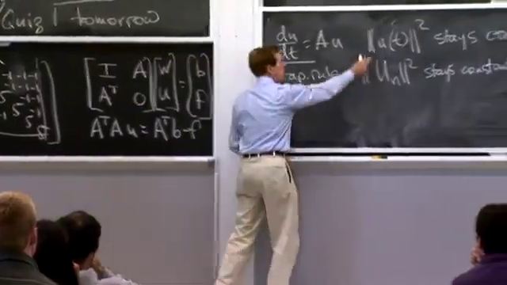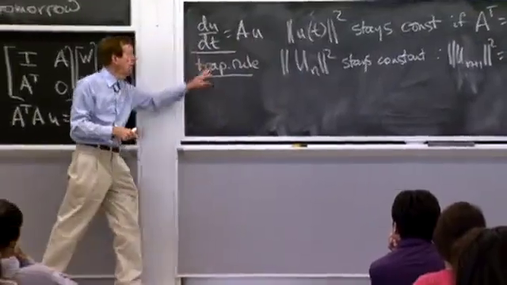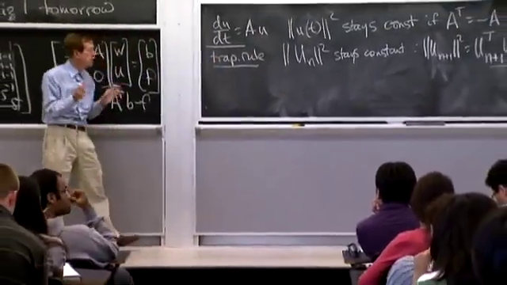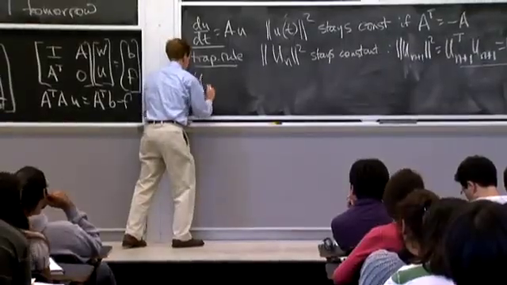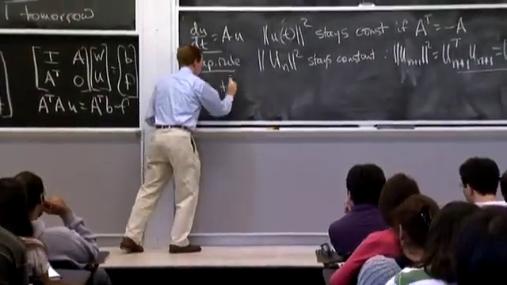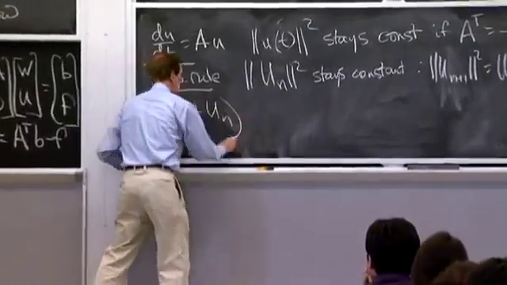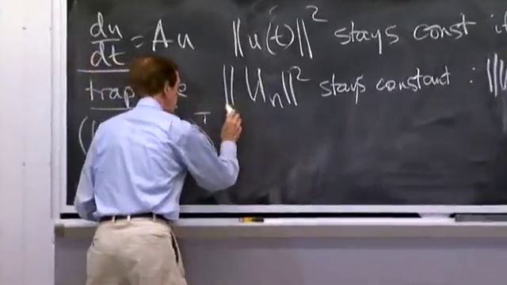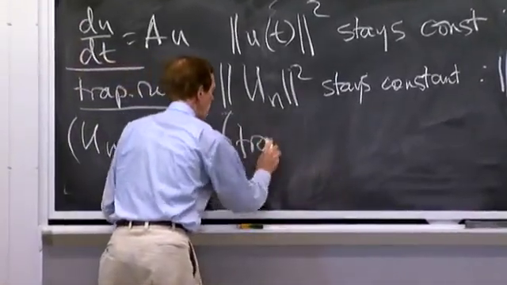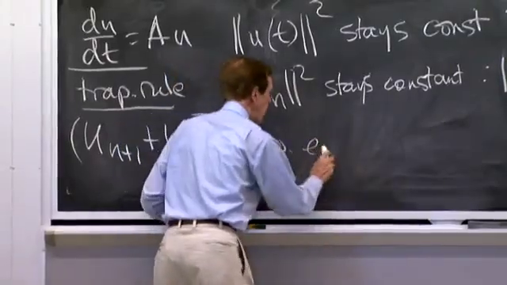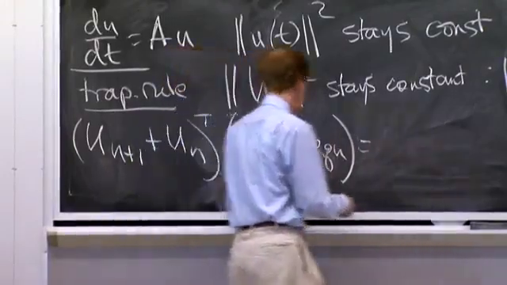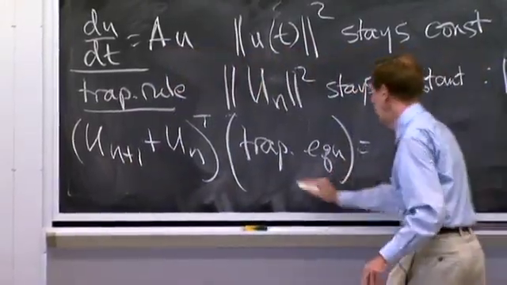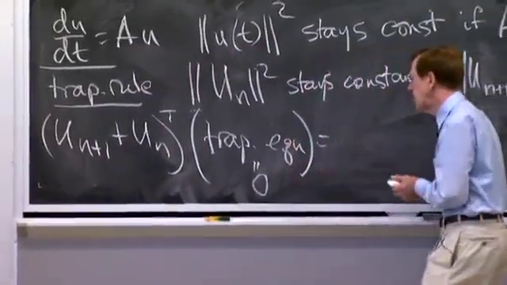here we took derivatives to do that one. Here we're going to be playing with differences, and my suggestion was that the good way to get it was to take that vector times the trapezoidal equation, and show that the trapezoidal equation is something equals 0.